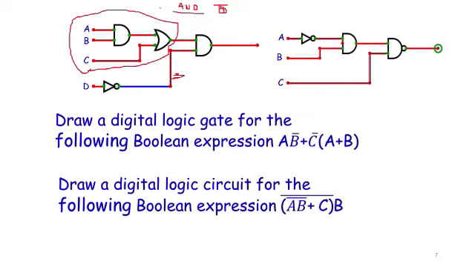So in this other case, this is an OR gate. This one, an OR gate between this output, this side, and this other one, which is just a C.